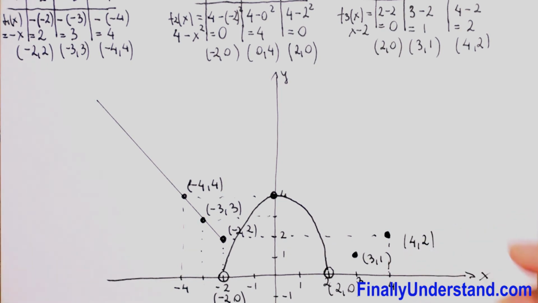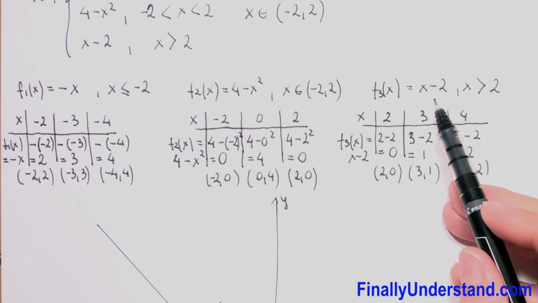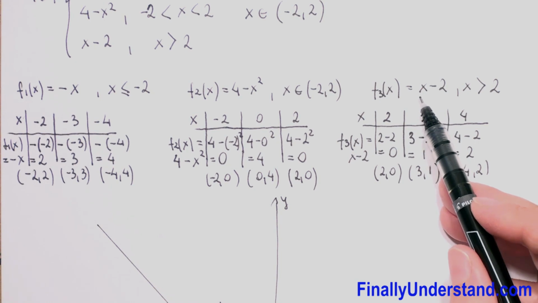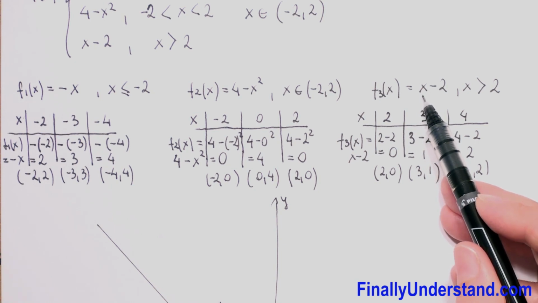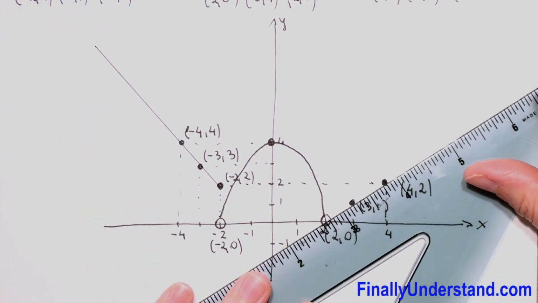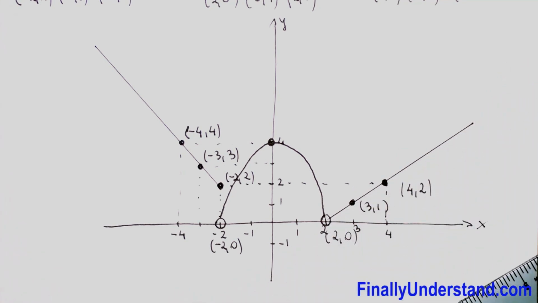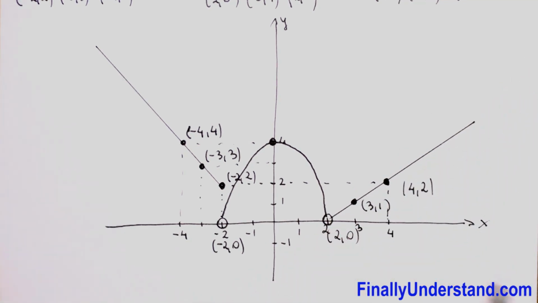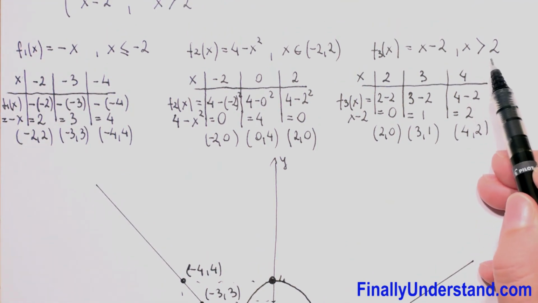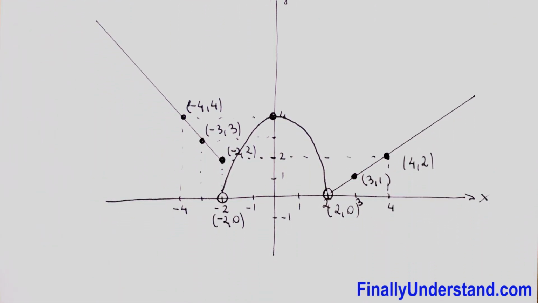Again, because x minus 2 is a linear function and the graph of a linear function is a straight line, and the coefficient before x is positive, the line is increasing. So let me connect these. It goes to positive infinity and starts at point 2 because we have the function for x greater than 2. So this is my f function.